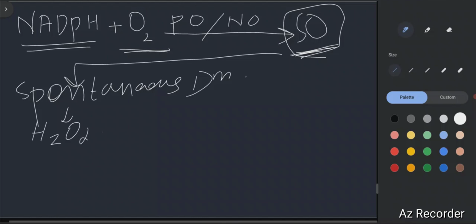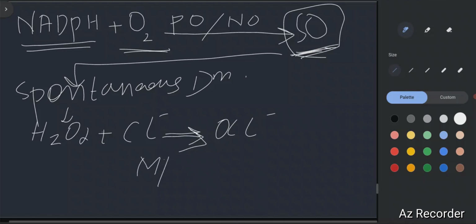This hydrogen peroxide is combined with halide ion like Cl-, which will convert it into OCl-. The enzyme in this process is myeloperoxidase. Remember, I told you that this enzyme is present in the azurophilic granules of neutrophils. So myeloperoxidase is an enzyme that makes OCl-, hypochlorite ion.